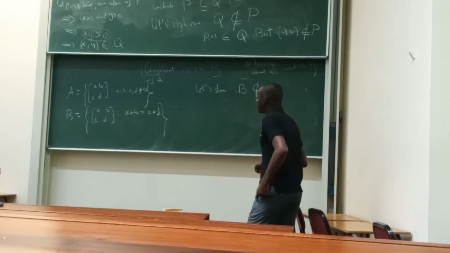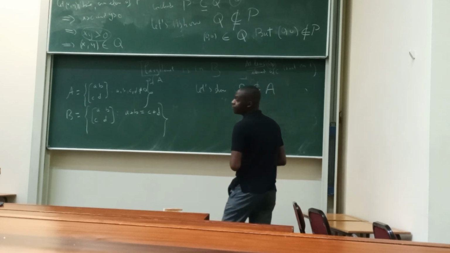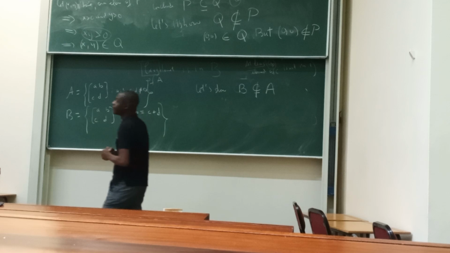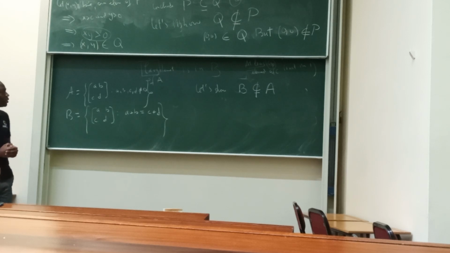If you look very well, you see that the elements are matrices, right? Can you give me an example of an element of A? Let me repeat his answer.